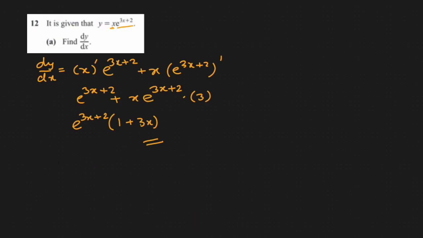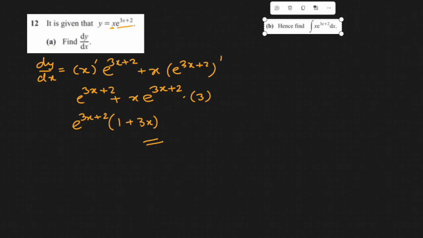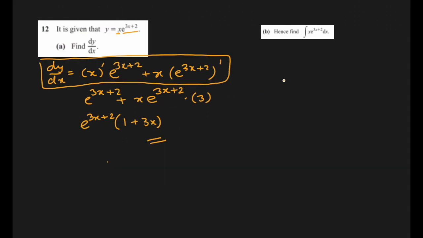Okay, second part says, hence find the integration of x e to the power 3x plus 2 dx. Can I rewrite it like this? dy I leave here, only dy.